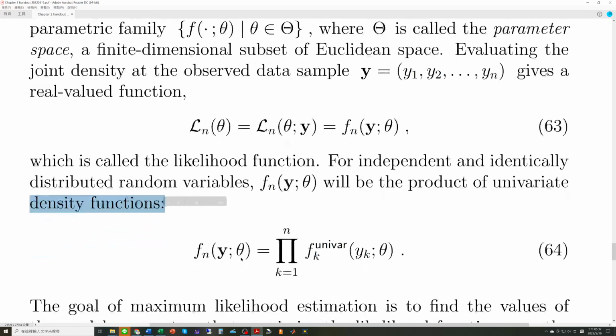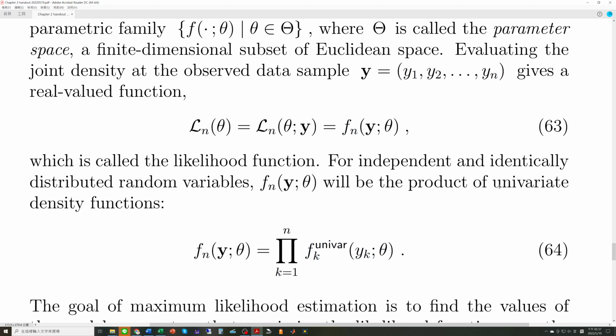Fn of y given theta is equal to the product from k equal to 1 to n of fk univariate of yk given theta.